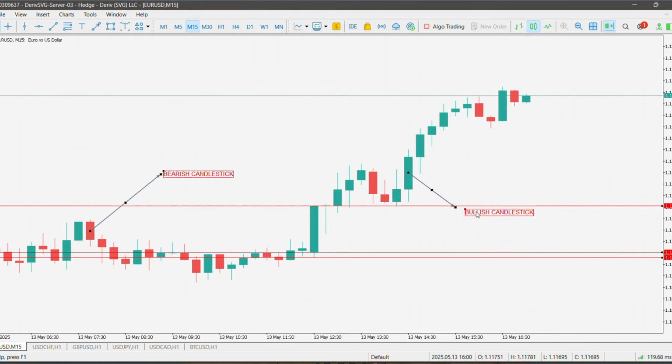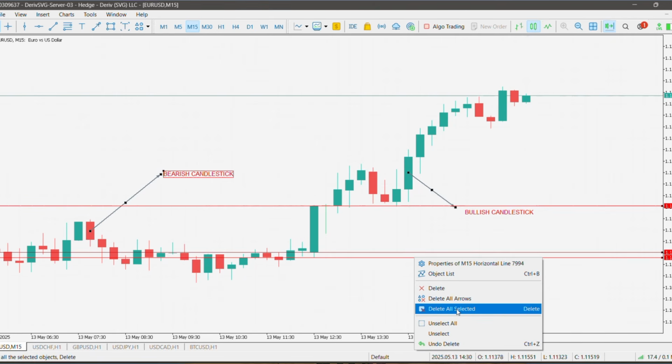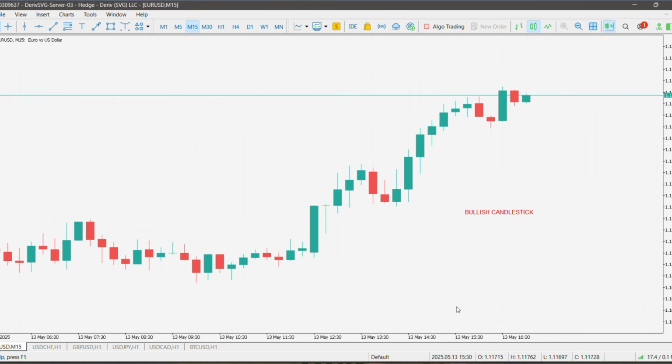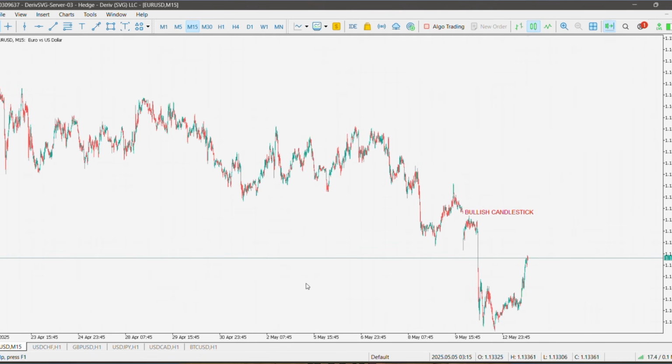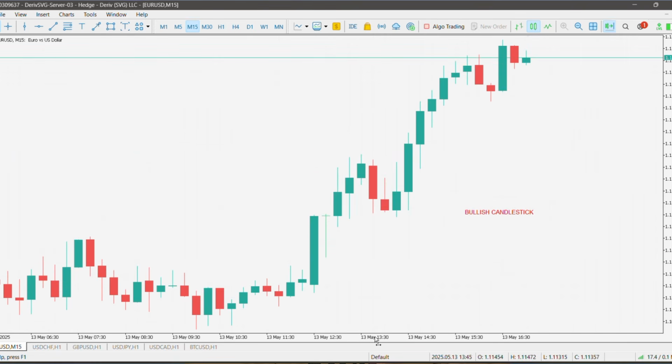So let me delete all selected. Yeah, so I've removed all that. And what we call a bullish market is this. This is also another way you get to zoom out and zoom in.